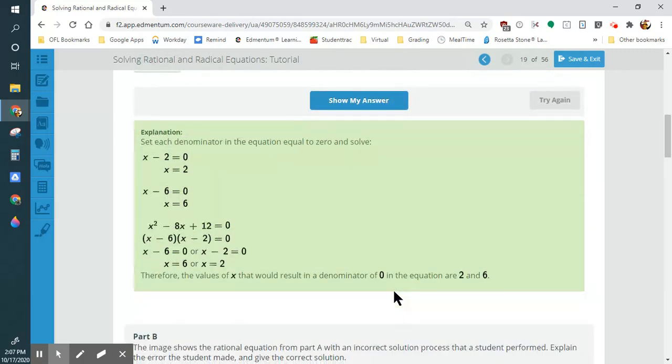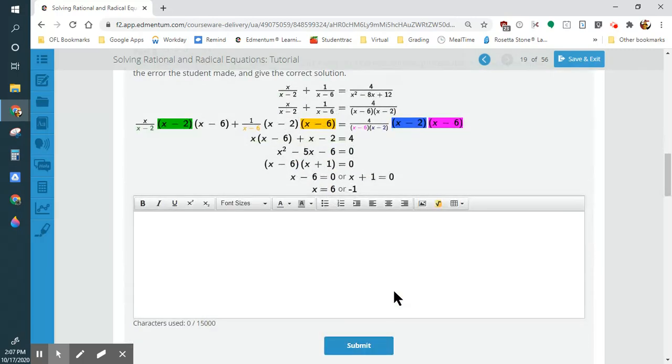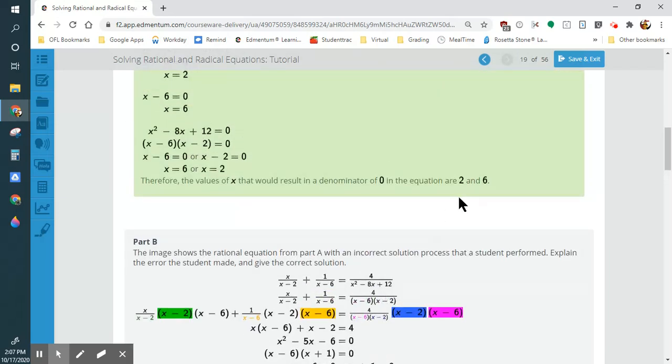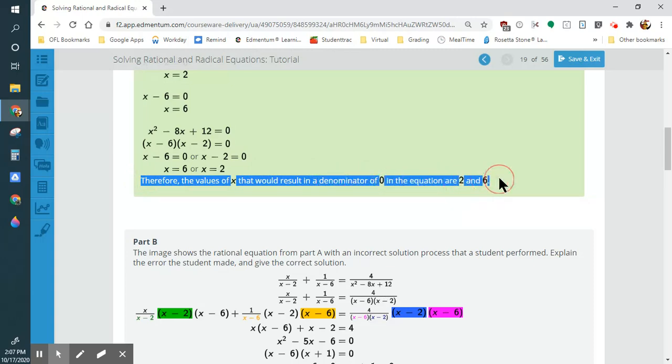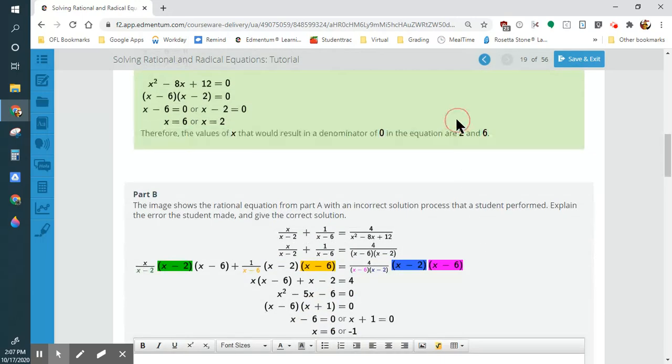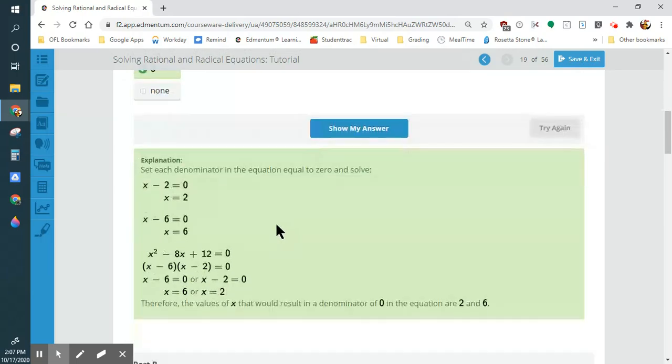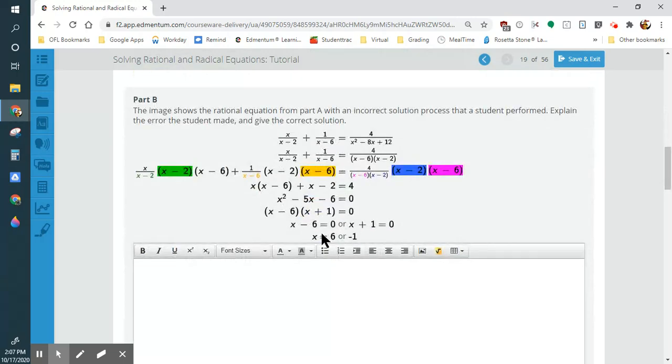I'm guessing what they're doing here is the fact that there are values of x which result in a 0 denominator. So if we're looking at the 0 denominator, I did like so much work here. The denominator can't be 2. So since the denominator can't be 2, or can't be 6 or 2, 6 cannot be the answer.